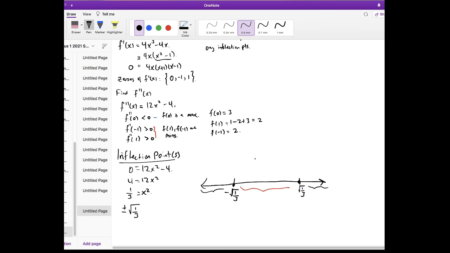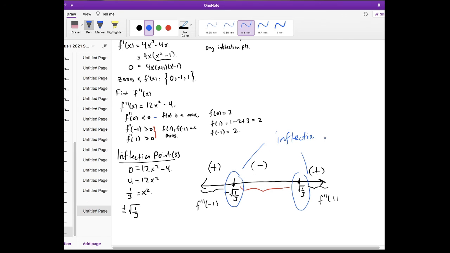Okay, so when you plug in -1 and 1, you get positive numbers, right? When you plug in 0, you get negative. Okay, so that means these are inflection points, because it changes sign from positive to negative and negative to positive.